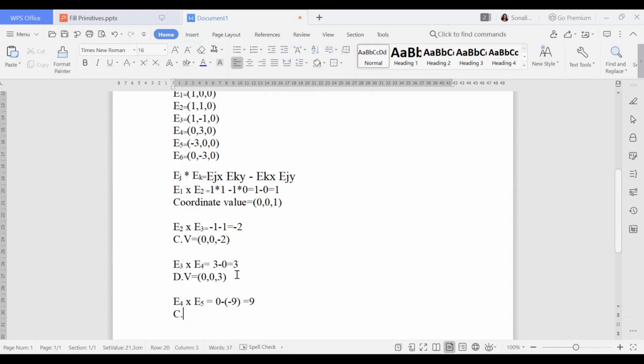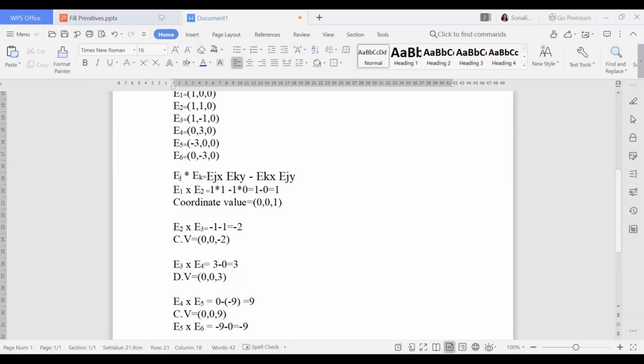The coordinate value for this is 0 comma 0 comma 9. Now next, E5 into E6. I'll write the cross multiplication of E5 into E6. Minus 3 into minus 3 is minus 9, minus 0 into 0 is 0. So the value I got is minus 9 minus 0, which is minus 9.